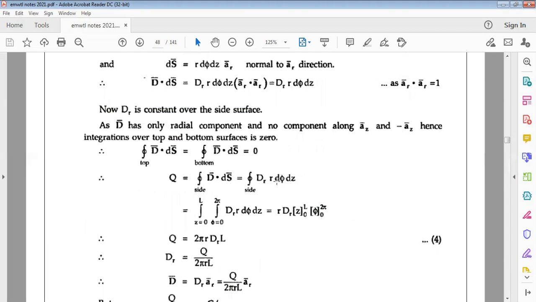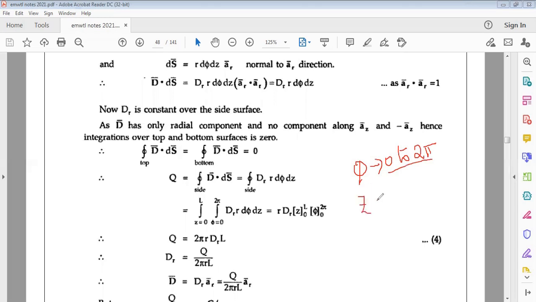With respect to φ, the limits are 0 to 2π, because the plane is rotated through 360 degrees. So the range of φ is 0 to 2π.